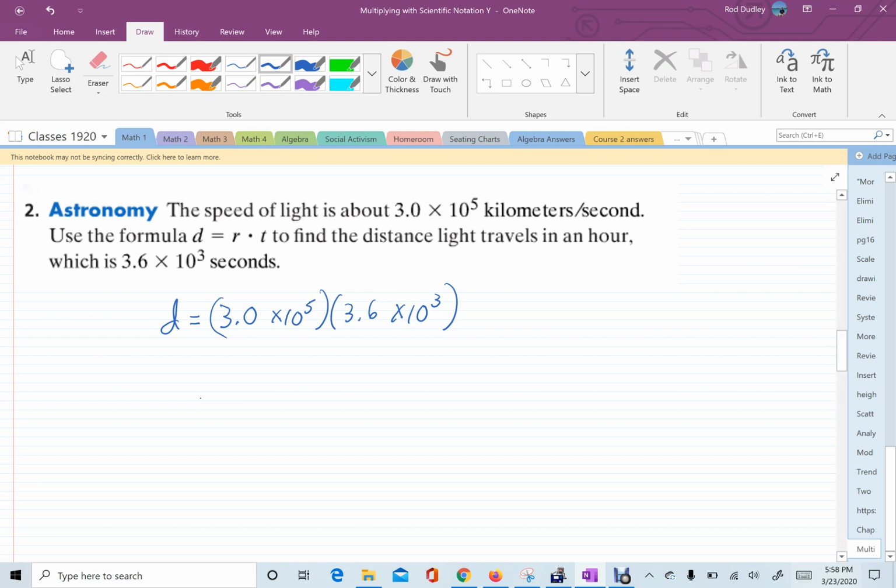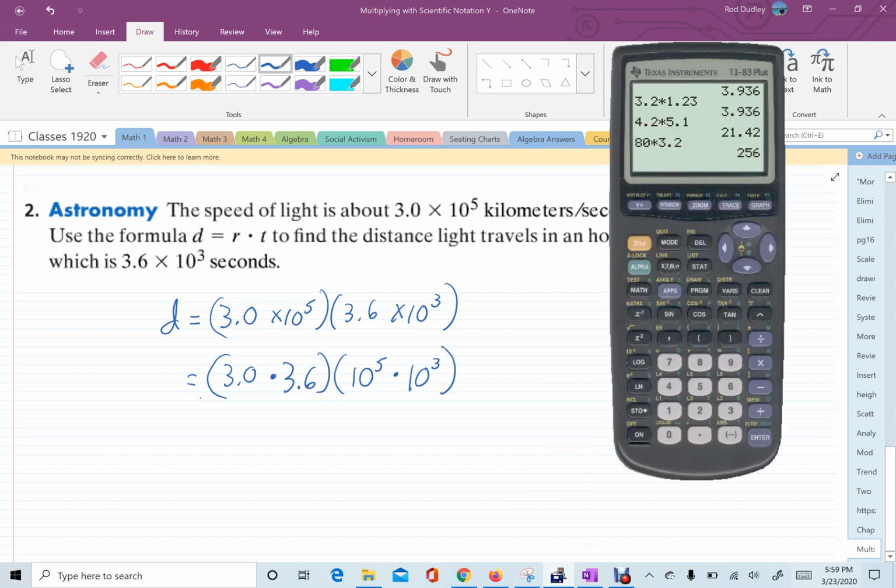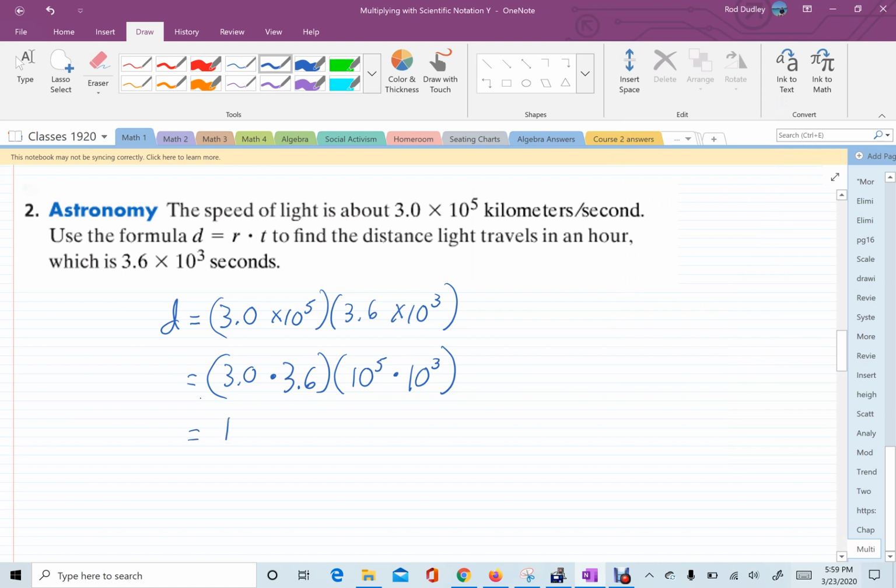Okay, that's going to give us the distance it travels in an hour, because that's how many seconds there are in an hour. Okay, so we're going to do 3.0 times 3.6 times 10 to the 5th times 10 to the 3rd. Okay, 3.0 times 3.6 is 10.8. Remember that, we're going to have to change that. 10.8 times 10 to the, well, 5 plus 3 is 8, so 10 to the 8th power.